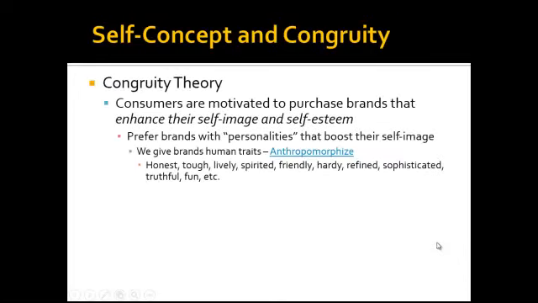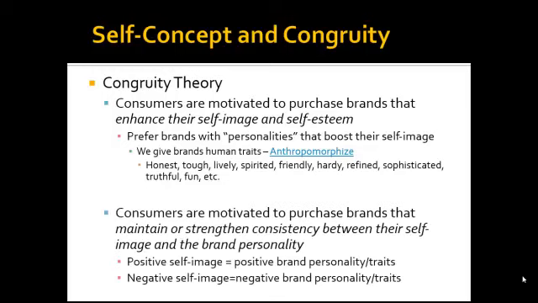Congruity theory has been used to try to link brand purchases with self-concept. There are two main thoughts behind it. The first is that people are motivated to buy brands that enhance their self-image and self-esteem, and that they prefer brands that have personalities, human traits we assign to the brands, that are similar to theirs or boost their self-image.